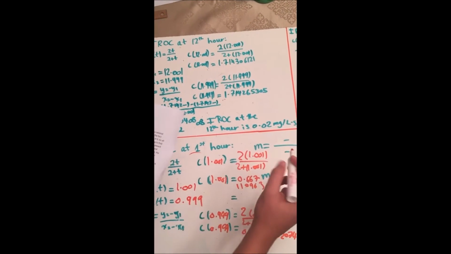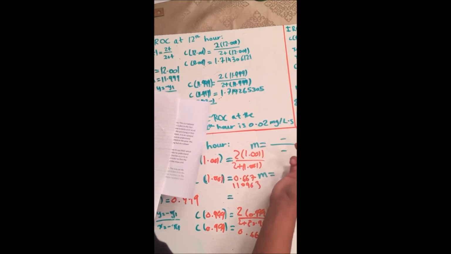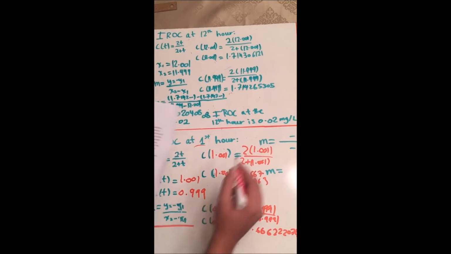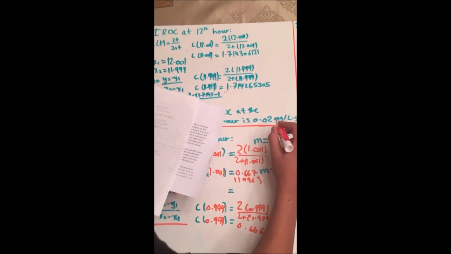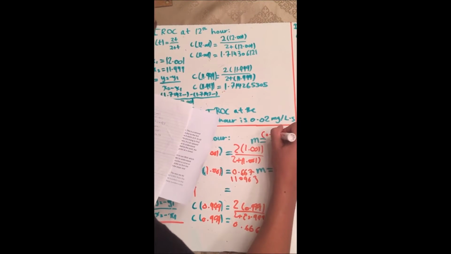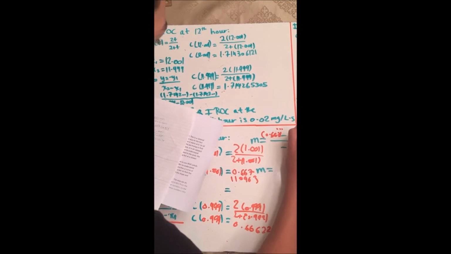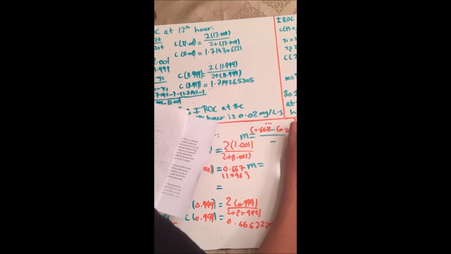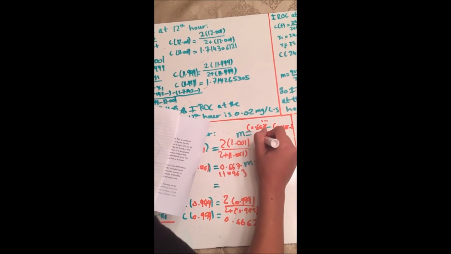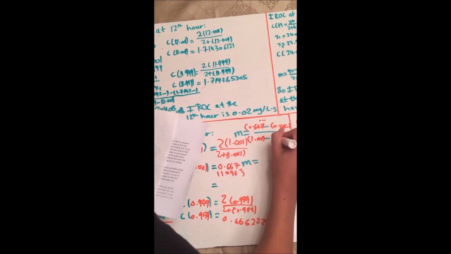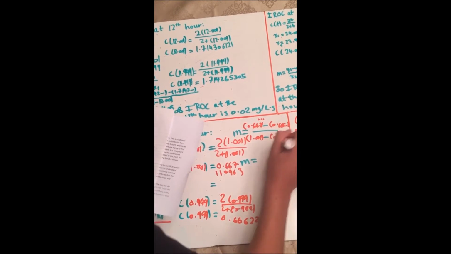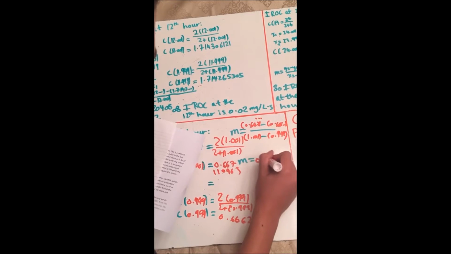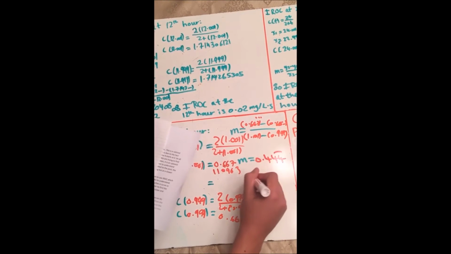We then plug this into our slope equation, y2 minus y1 over x2 minus x1 right here, and we get 0.667... we can't write the whole number, 0.666... over 1.001 minus 0.999, and we get a slope of 0.444 repeating.